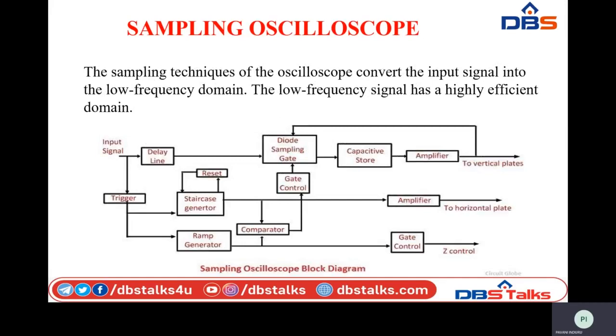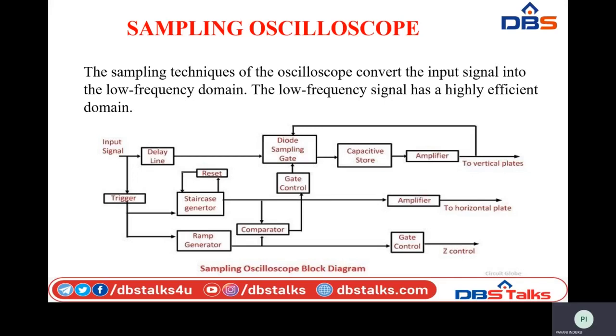If you look at the block diagram of the sampling oscilloscope, it consists mainly of the delay line at the first stage, and then we have diode sampling gates, then a capacitor element, and then an amplifier. To generate the sampling pulse, we use one ramp generator and a staircase generator, which are going to be compared in the comparator.